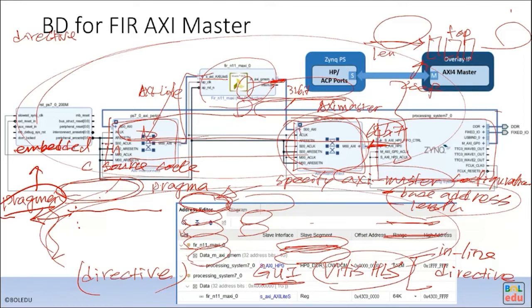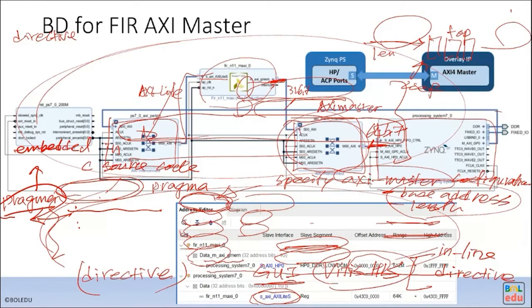So here, we notice for the AXI master, you have this configuration address space here. And you also have another AXI lite. For example, you need to program the coefficient and length, right? So you need another address range.